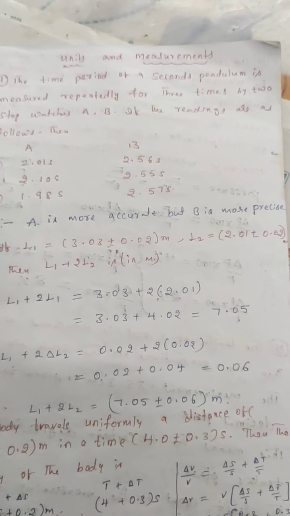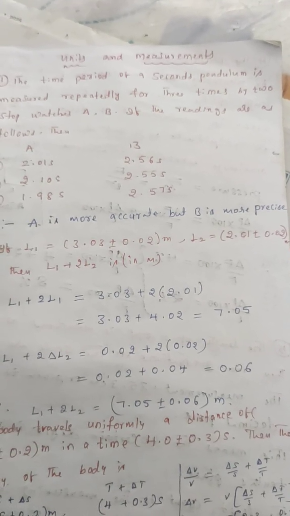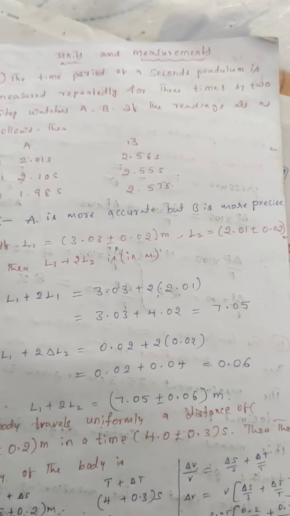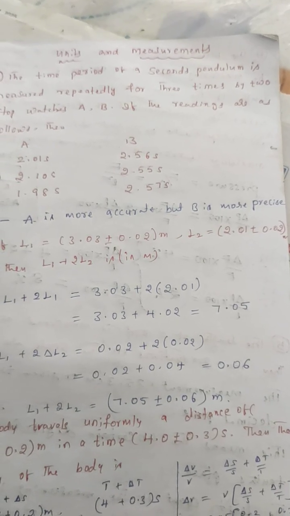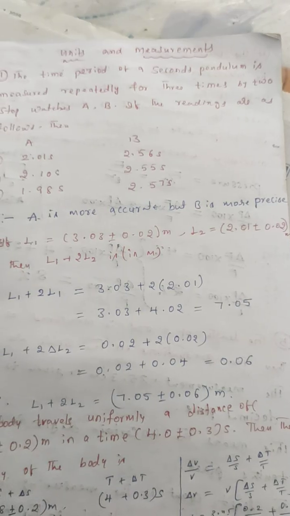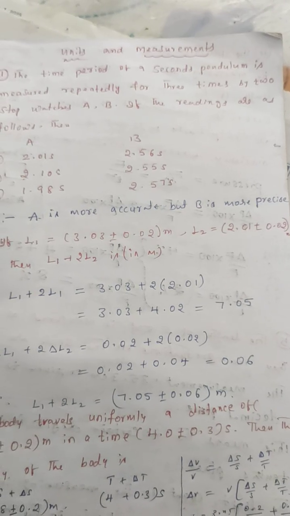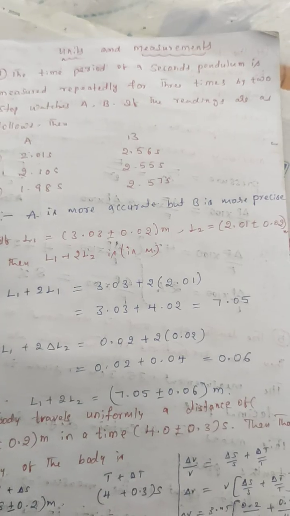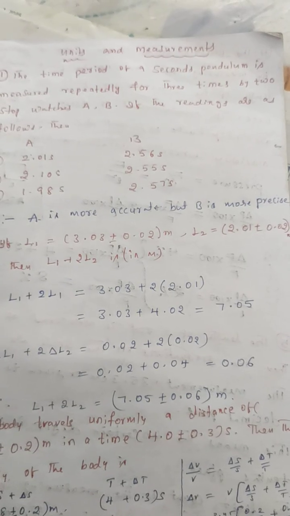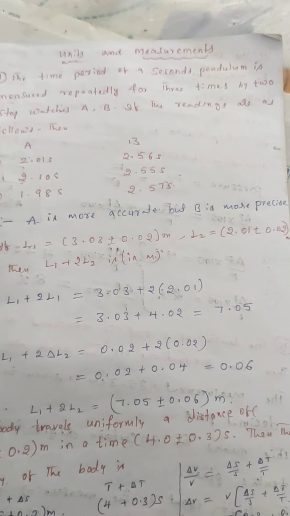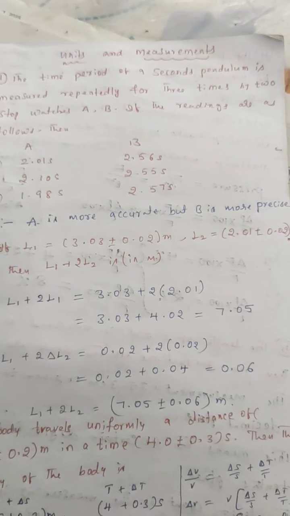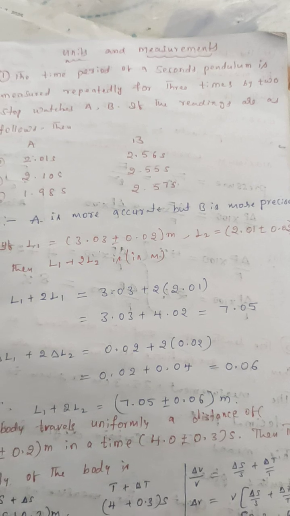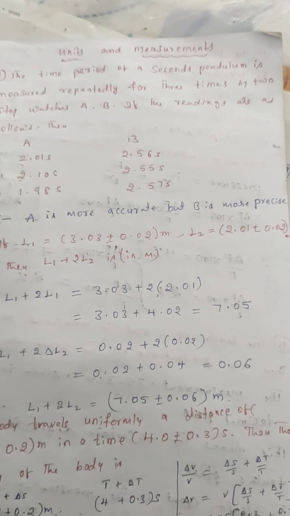Next problem. The time period of a seconds pendulum is measured repeatedly, timed by two stopclock watches A and B. If the readings are as follows, first A stopwatch readings, then B stopwatch readings, what is the result?